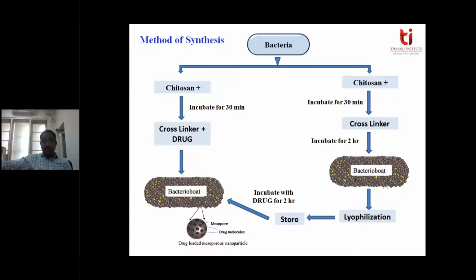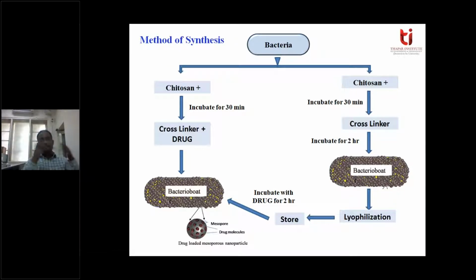And we did it in living conditions so that these bacteria can go and bind inside your stomach or inside your intestines, and can release the drug for a very long time.